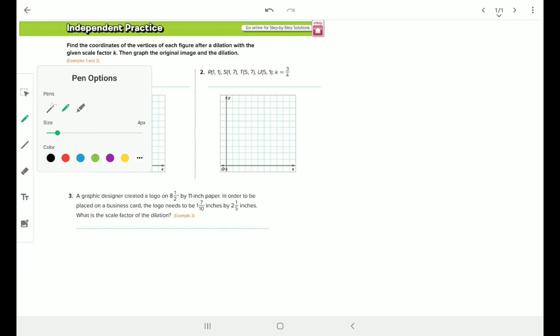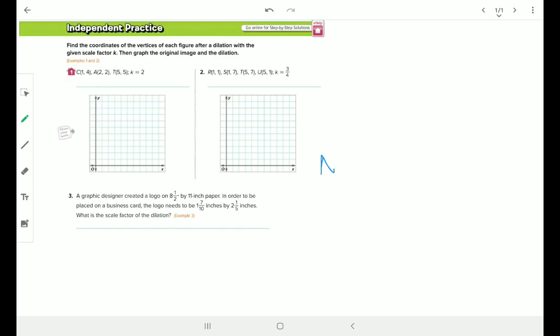You're going to have your new image divided by your original. Okay, and that will always give you your scale factor. So keep in mind, if your object's getting bigger, it's going to be bigger than 1. If it's going to get smaller, it's going to be a fraction smaller than 1. Okay, so it's the new image divided by the original.